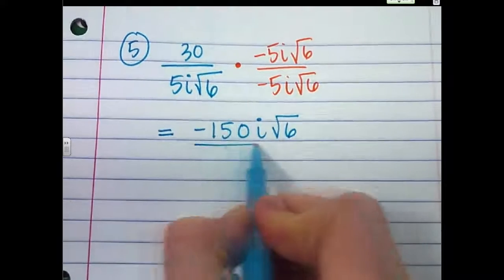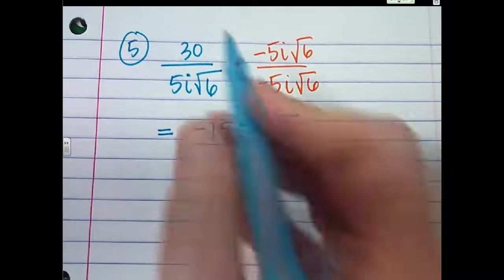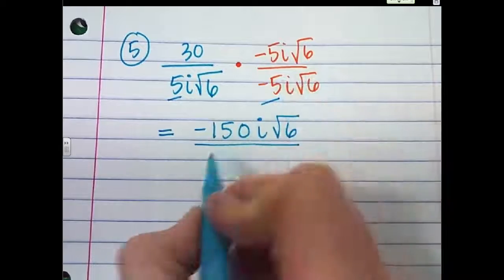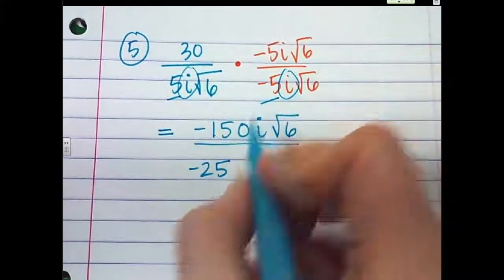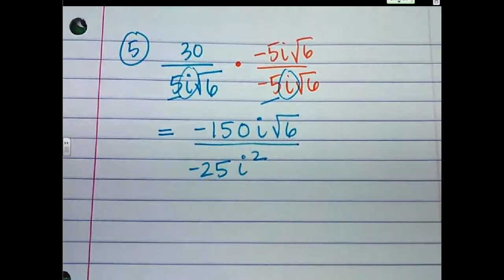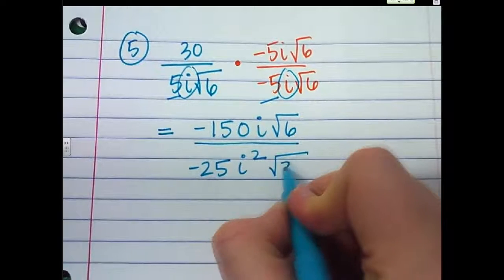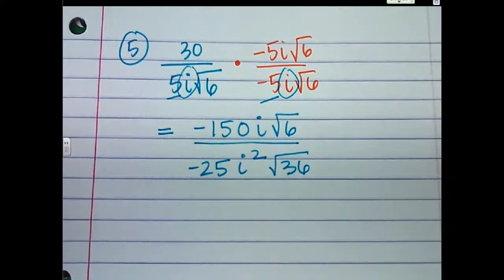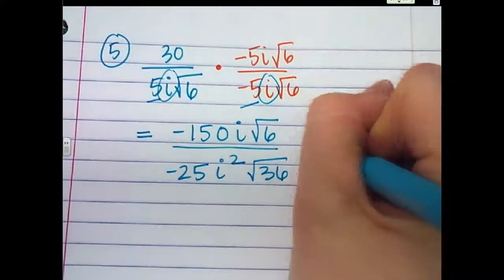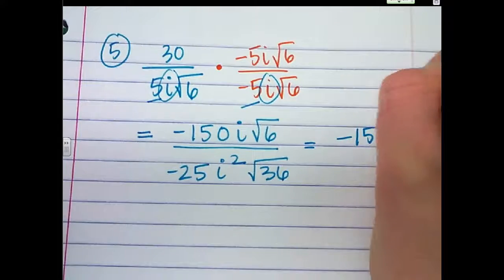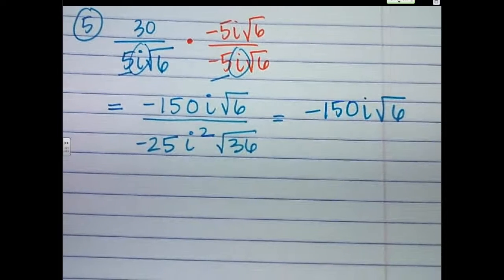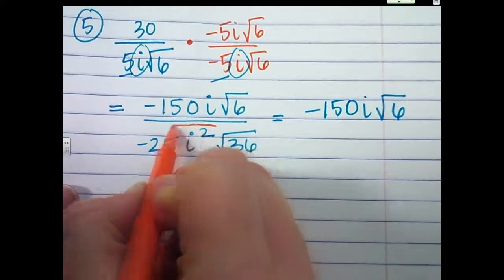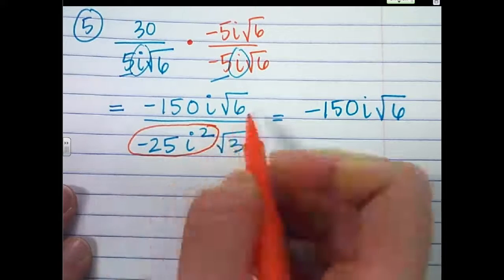Okay, on the bottom, be careful here. You have 5 times negative 5, negative 25i times i squared, square root 36. On the top, I can't simplify anything yet, so let's just leave that alone. What does this negative 25i squared become?